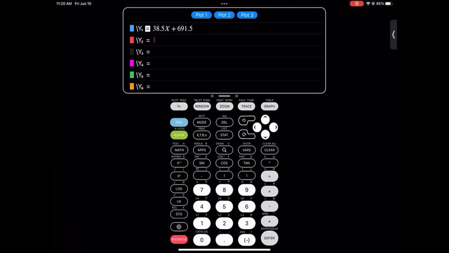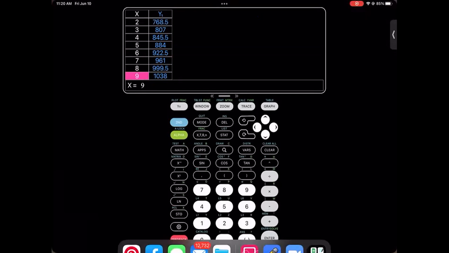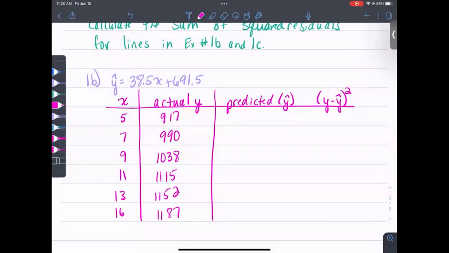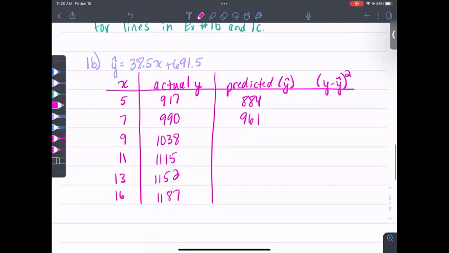So to bring up a table, I push the second key and then graph, because above the graph is the word table. And we start with 5. At 5, we have 884. And then the next one, 7, is 961. So I have 884, 961, and then you can follow along with your calculator.